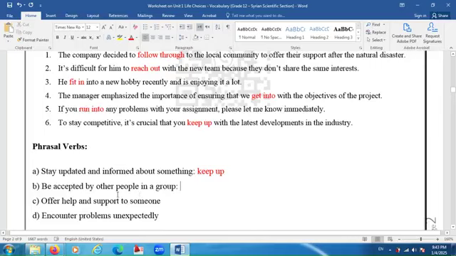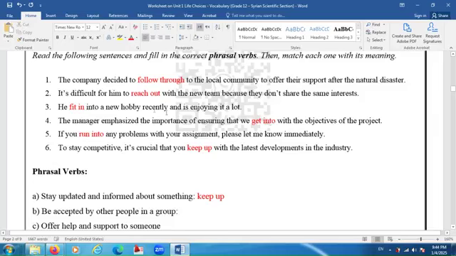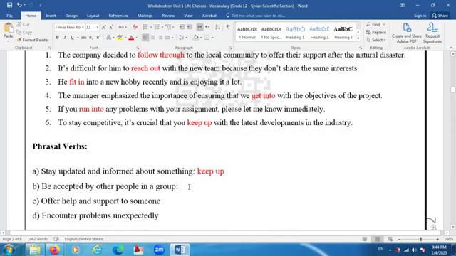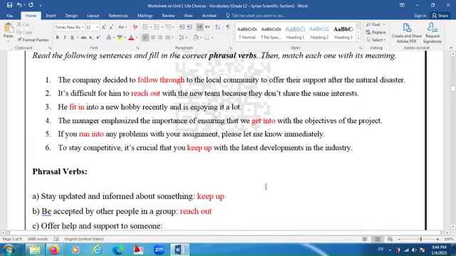Be accepted by other people in a group. They like him. He finds himself with them. Okay? Reach out. He understands them and he can talk to them. Offer help and support to someone. Okay? If you have any problem, please tell me.